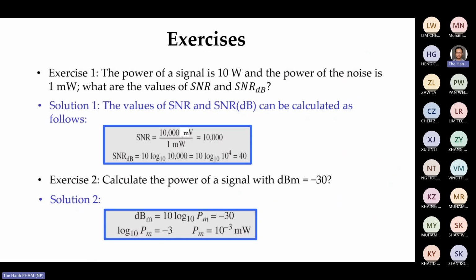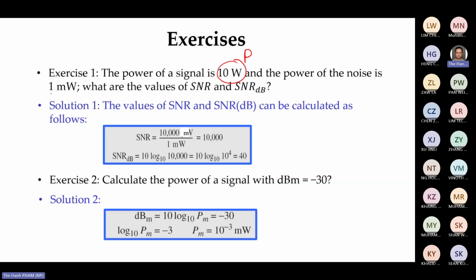Okay, so here is some example. Now the power of the signal is 10 watt. So P signal is 10 watt.